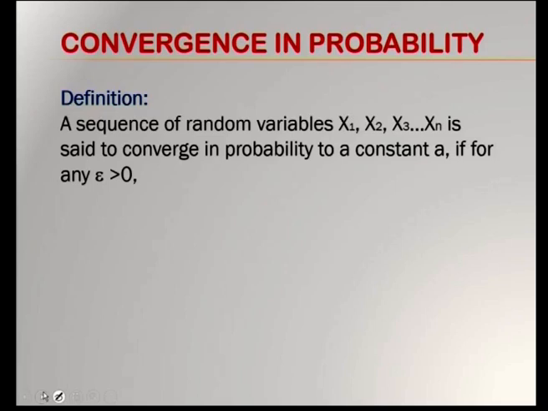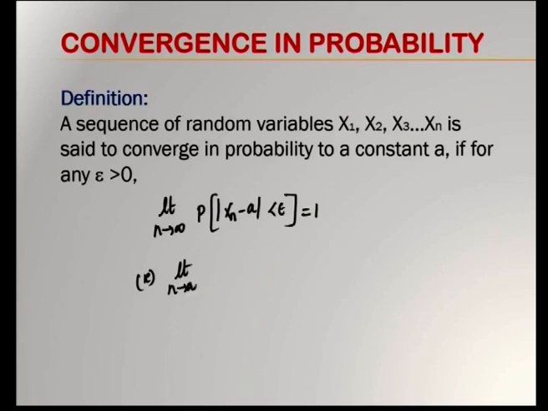You take a sequence of random variables x1, x2, x3 etc. up to xn, then this sequence is said to converge in probability to a constant a if for any epsilon greater than 0 we have limit n tends to infinity P of modulus of xn minus a less than epsilon is equal to 1, or using complementary events P of modulus of xn minus a is greater than or equal to epsilon is equal to 0.